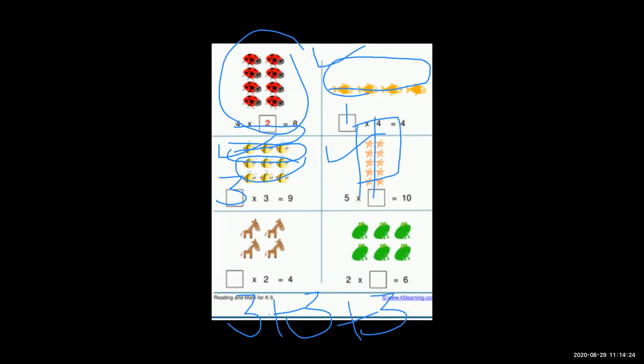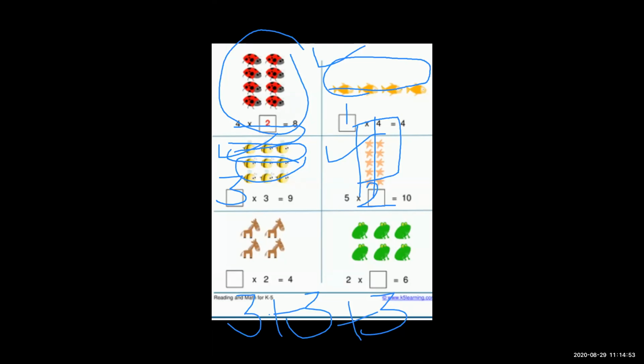That means you want to add 5 how many times? 2 times. 5 plus 5 is equal to 10. Understood now? So how does 10 come? You want to add 5 two times.